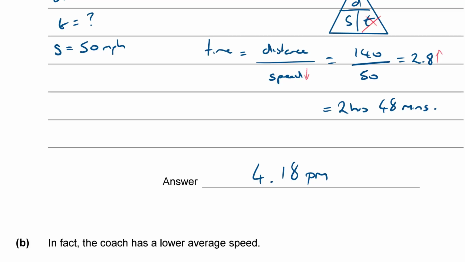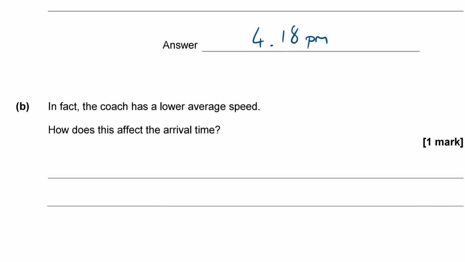So that means the time is going to increase. And if the time is going to increase, then I'm going to be arriving later than the time I had before. So in fact, the coach is going to arrive later. It will arrive later than planned.